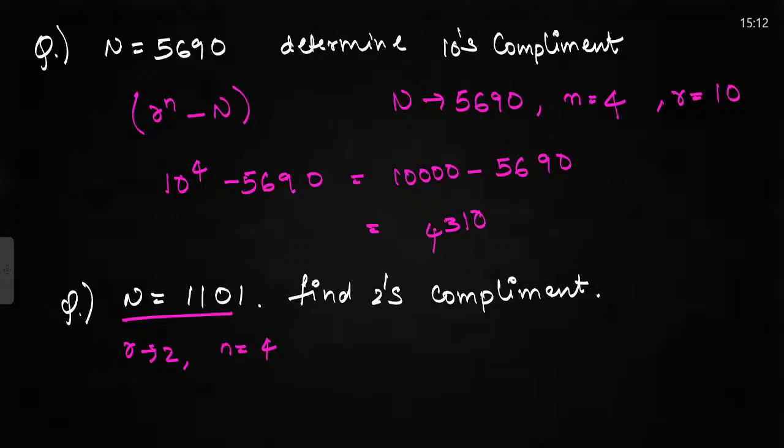Substituting in this formula, that is 2 power 4 minus 1101. So 16 minus 1101.